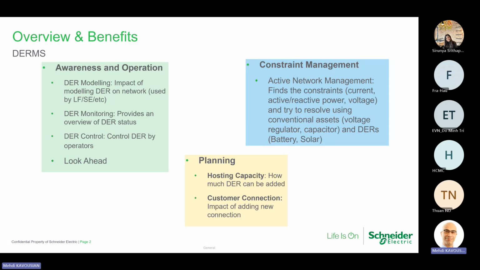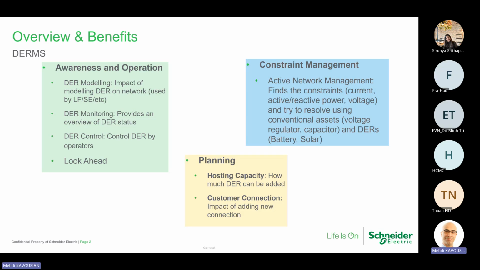So you want to know whether your network is ready for that. Does it create constraints? It can. And customer connection, like one customer with a big solar or a big PBS, to see the impact, again for planning purposes.